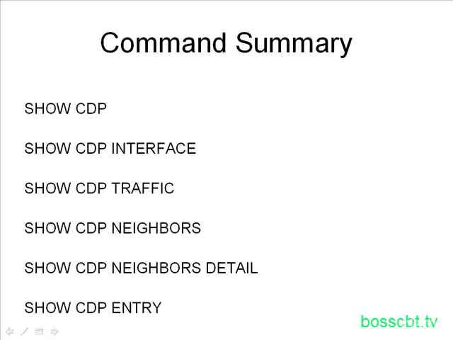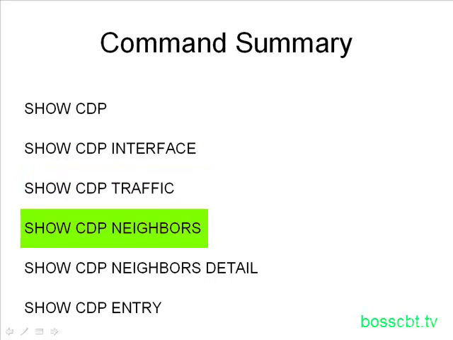Also, we have the command summary of all of the show commands we issued in order to access the CDP information or learn the status of CDP. So show CDP, is it enabled or not on a global level? Show CDP interface, is it enabled or not for a particular interface? Show CDP traffic to learn about the counts of messages both sent and received on a global level.